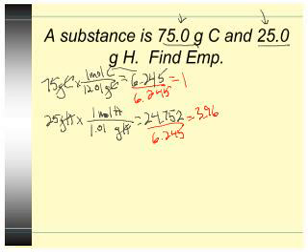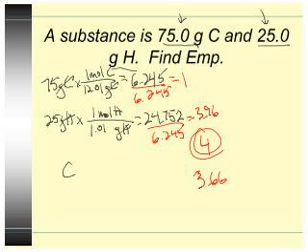Ooh, decision time. Is that 4 or is that 3.66? Those are your choices. You better pick 4. So that means my answer is going to be C1H4. That's it.